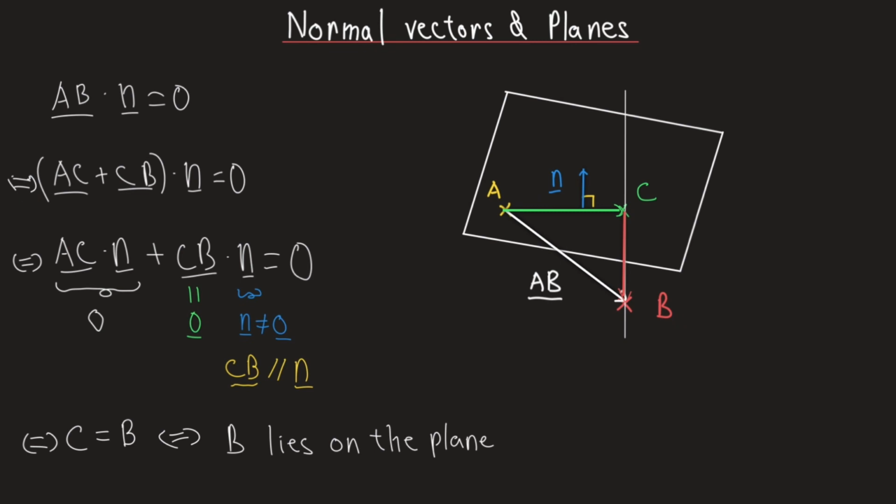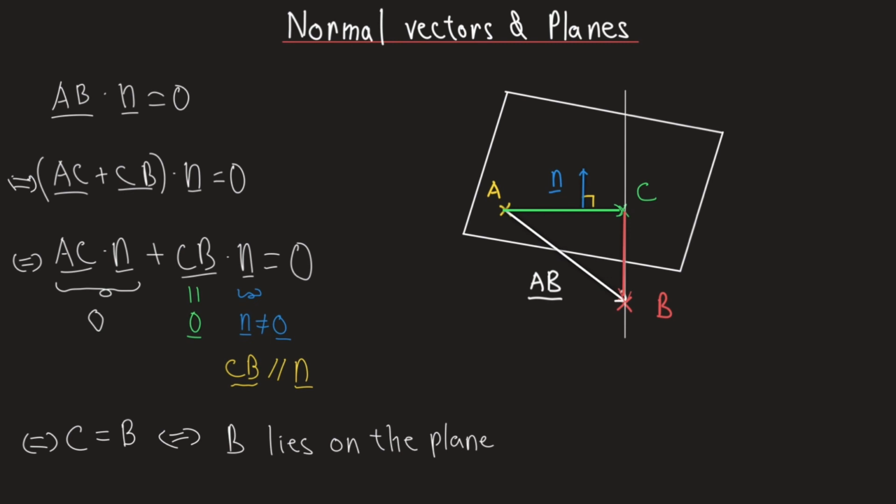If the vector AB is perpendicular or orthogonal to our vector N, then this implies that B will lie on the plane. But it not only implies, it's an equivalence condition, which means that if B lies on the plane, then our vector AB dotted with N will be equal to 0. In other words, they're orthogonal.